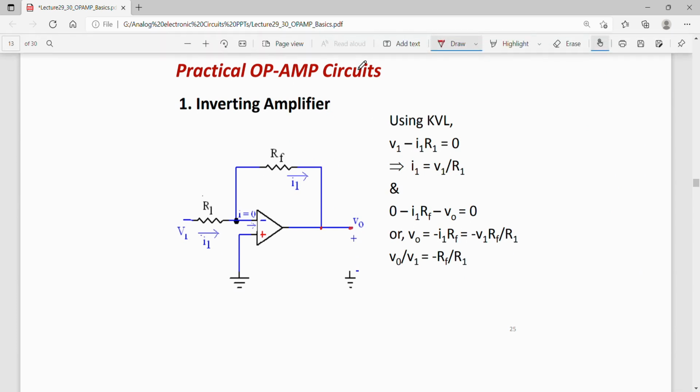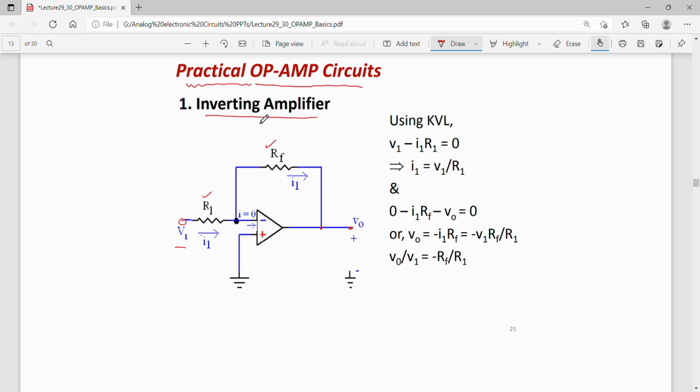We had said that one cannot use an op amp in open loop configuration. So a practical op amp circuit will contain a closed loop configuration, for example this. In this closed loop configuration, using these two resistances, if I connect my input at the inverting terminal, minus being the inverting terminal, this is called an inverting amplifier.